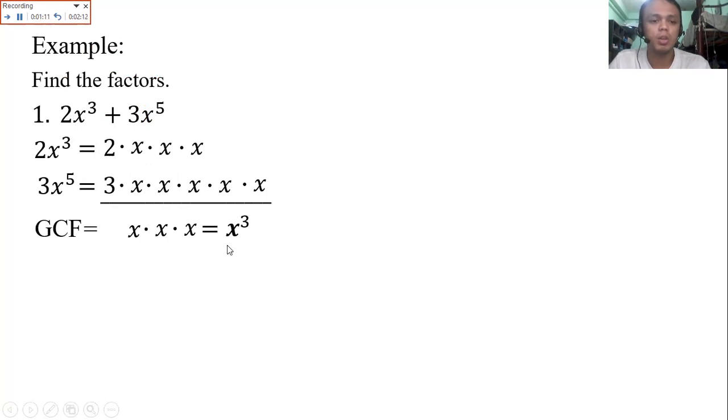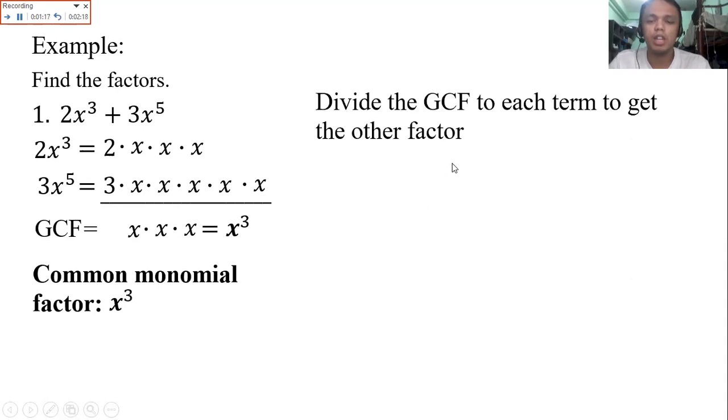Now, since nakuha na natin yung GCF, which is the common monomial factor, divide natin yung GCF to each term to get the other factor. Para makuha natin yung isa pang factor, i-divide natin yung x cubed dito sa 2x cubed plus 3x raised to 5. So now 2x cubed divide by x cubed, following the laws of exponent dito.